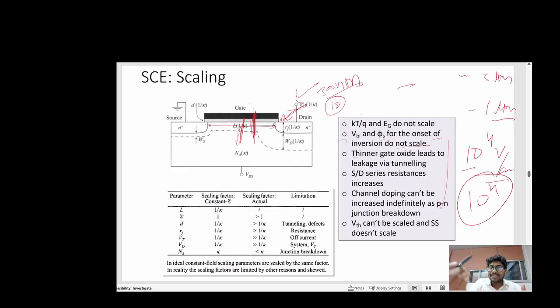That is the gate leakage current. The thinner the dielectric, it won't withstand the voltage that you are applying at the gate, so there will be a gate leakage current.